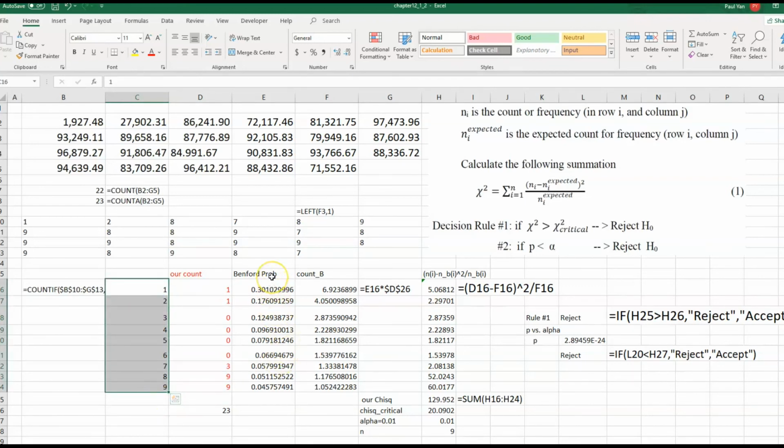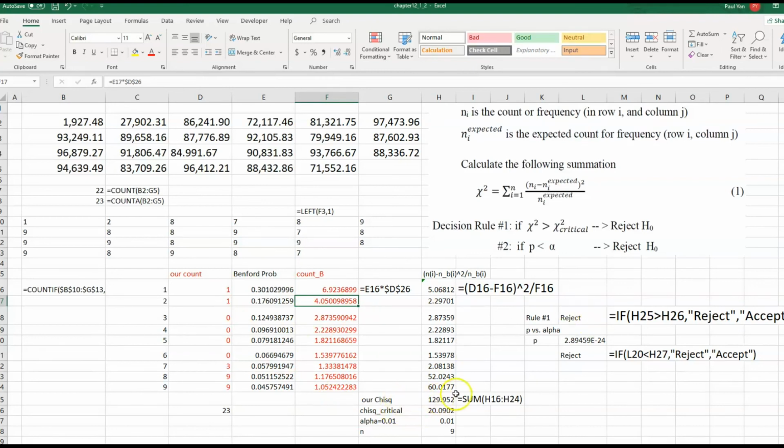Next, we calculate the probability based on log 10, the Benford law probability. Then we calculate Benford law's frequency. Eventually we compare this column, our observed frequency, with Benford law, our target frequency. Then we apply this formula: first number minus first number, squared, divided by the target number, then second number minus second number, squared, divided by the second target number, and continue this way.